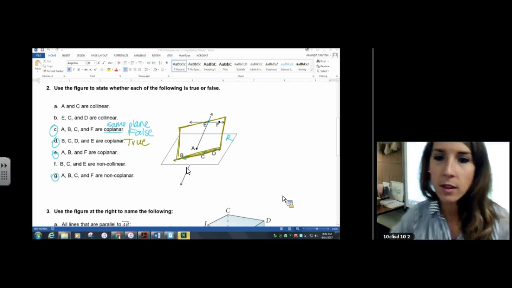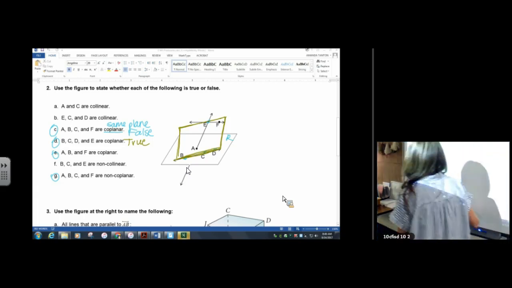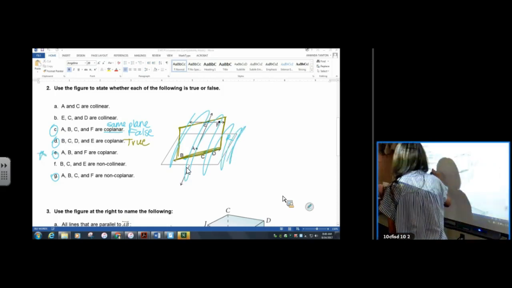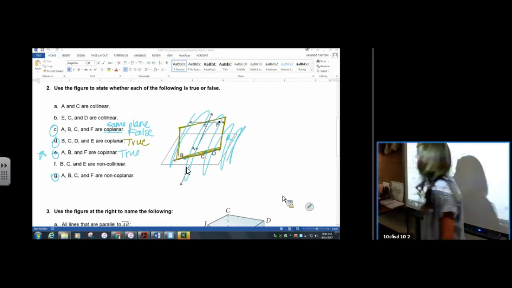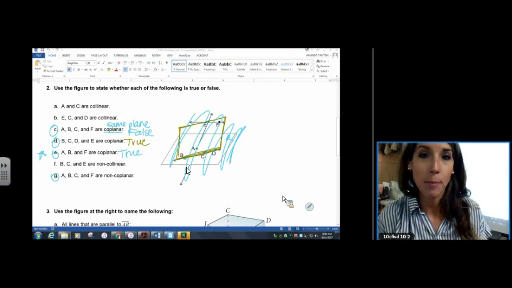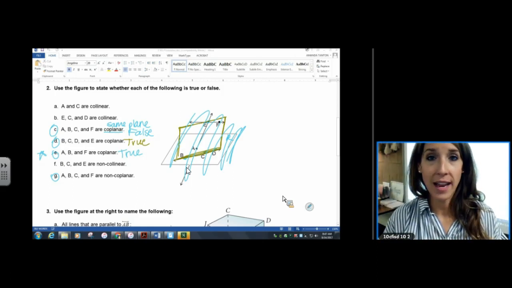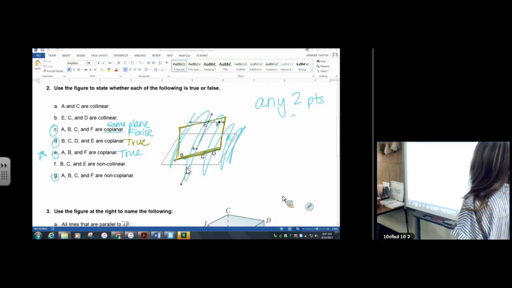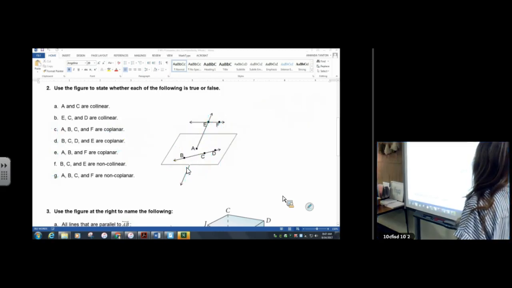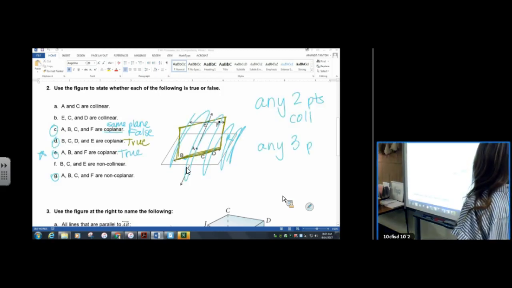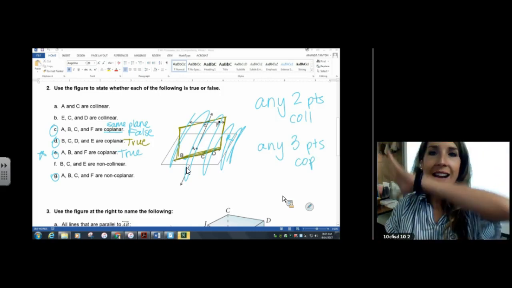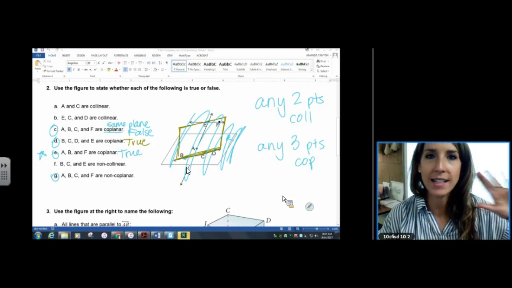Next one, letter E. For letter E, I don't need a picture. I'm going to write true because guess what? Any 3 points in the universe are coplanar. Just like any 2 points are collinear, any 3 points are coplanar. I can connect any 3 points in the universe with a flat surface.